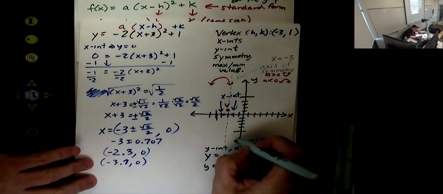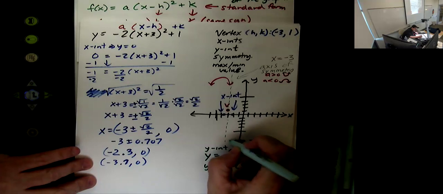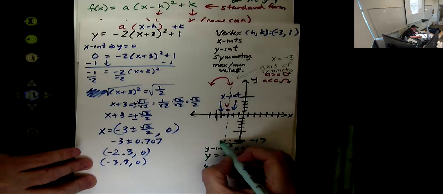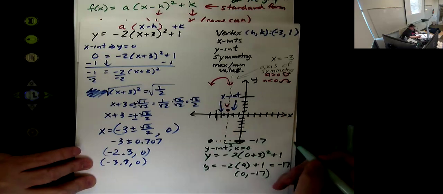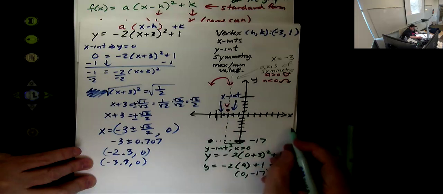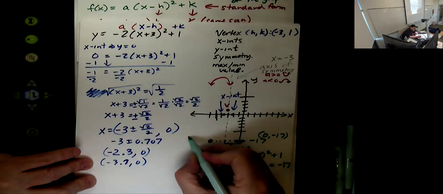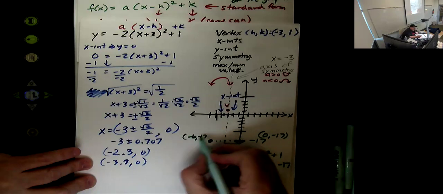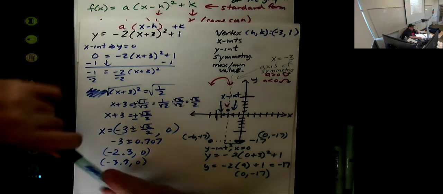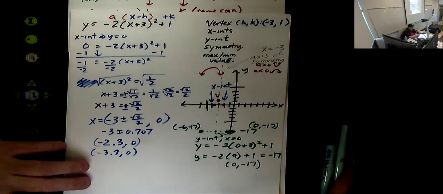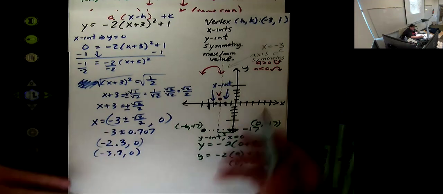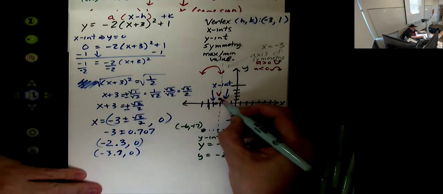So this is 1, 2, 3 steps. I'm going to go 3 steps the other direction and put a point there. So that's (0, -17). This will be (-6, -17). Now I've got 5 points and I can connect them.